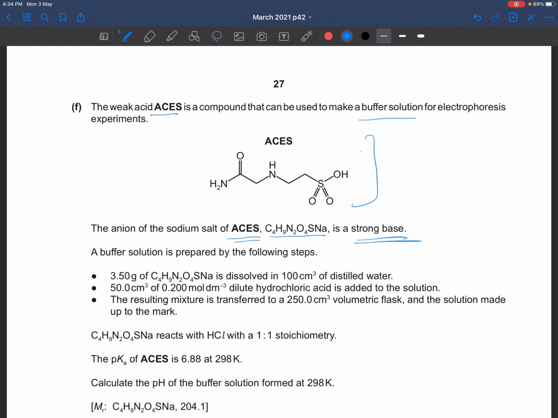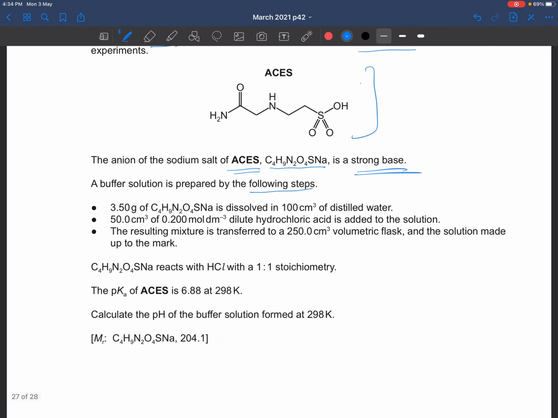A buffer solution is prepared by the following steps. 3.50 grams of this strong base is dissolved in 100 cm³ of distilled water. 50 cm³ of 0.2 mol per dm³ dilute hydrochloric acid is added to the solution. Right, so we have 3.50 grams of this sodium salt of the weak acid, and then we add hydrochloric acid.